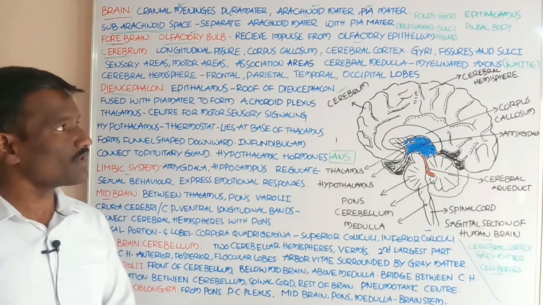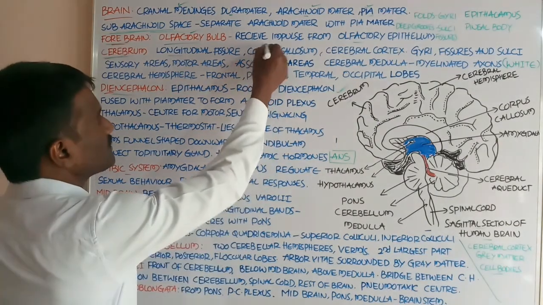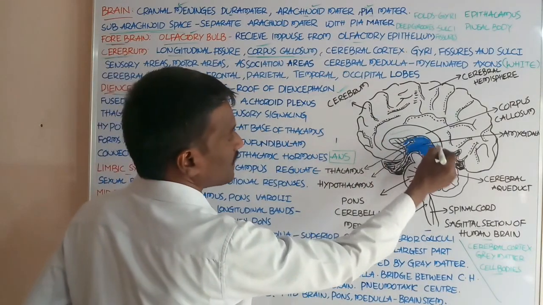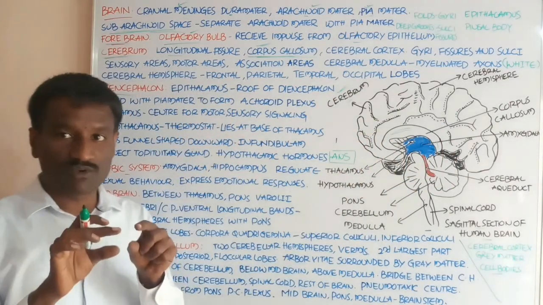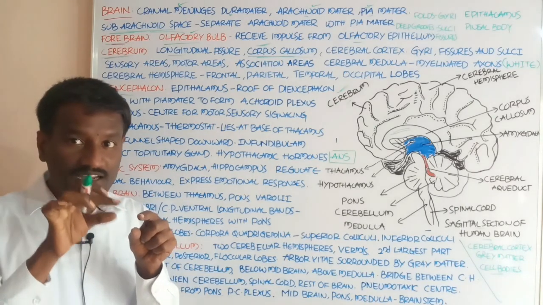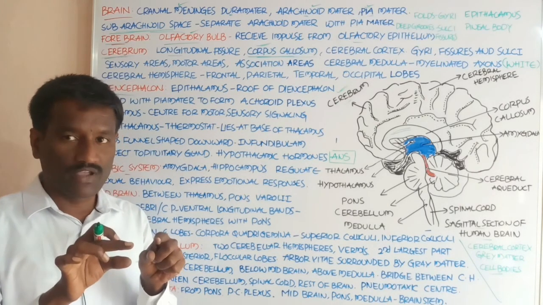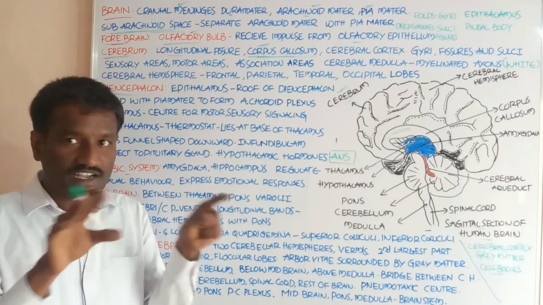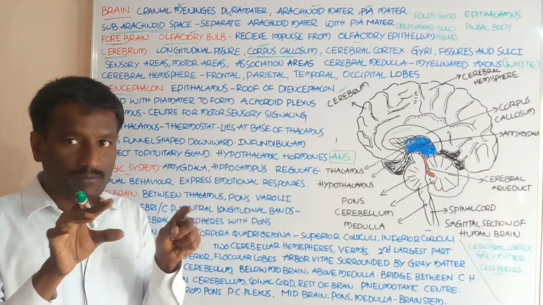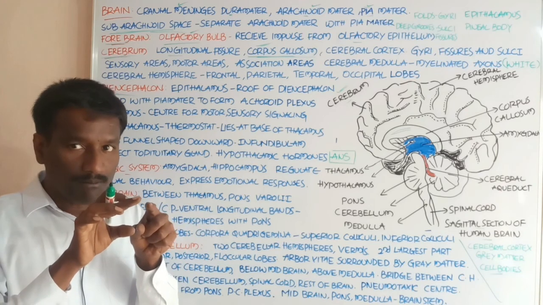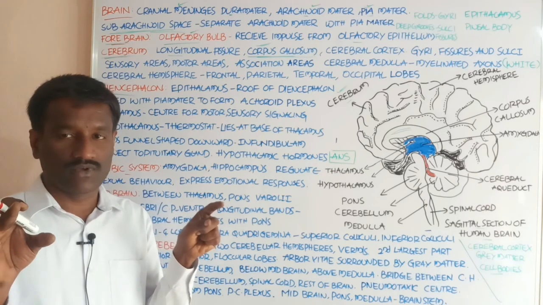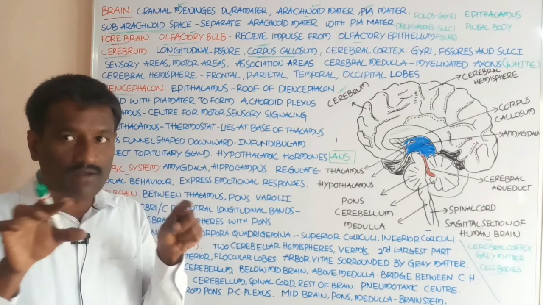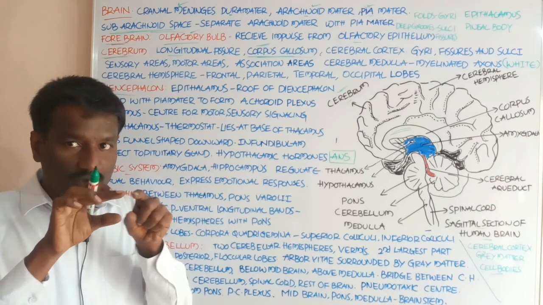Another structure is the corpus callosum. This is the corpus callosum. The corpus callosum is present in the internal part of the cerebrum. The two cerebral hemispheres, left and right, are internally connected by transverse myelinated fibers, a bundle of myelinated fibers arranged transversely.